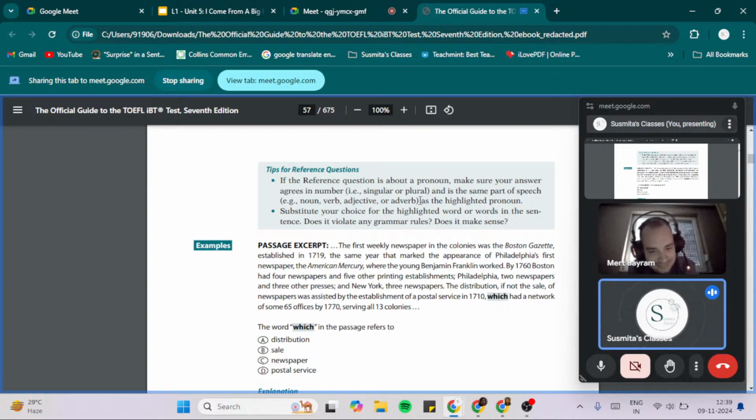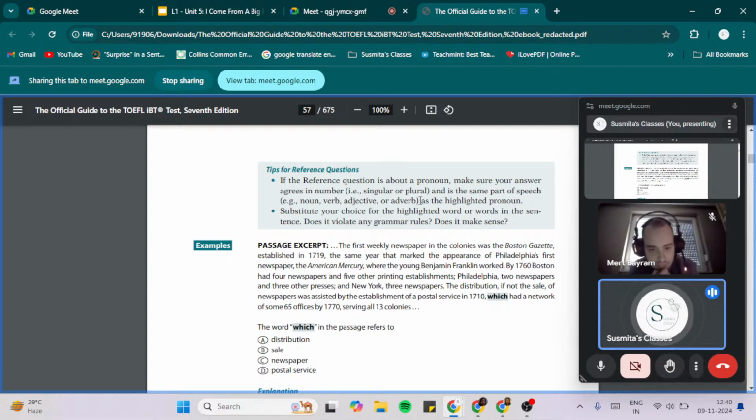Now, see, this is where we get confused. The last sentence, of course, has the answer there. The distribution, if not the sale of newspapers, was assisted by the establishment of a postal service in 1710, which had a network of 65 offices by 1770, serving all 13 colonies.